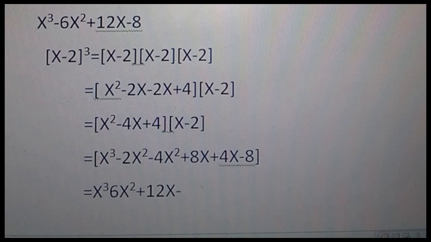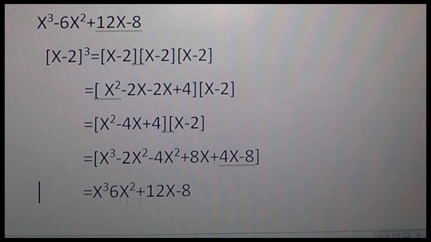Minus 8. So as you can see, the first answer we got using the Pascal triangle, x cubed minus 6x squared plus 12x minus 8, is the same as the answer we get using the factorization method of multiplying the brackets.